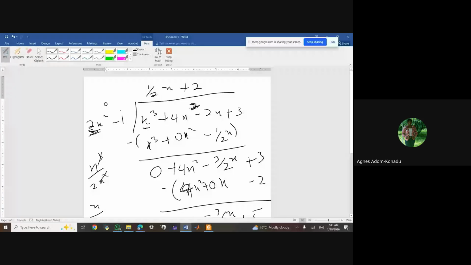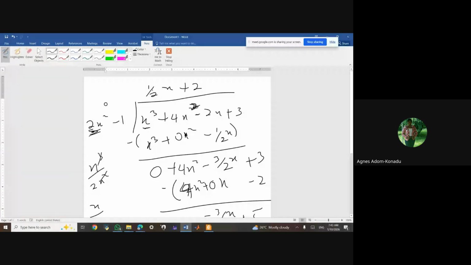Then after that, I will multiply this by this. So when I multiply 2x squared by half x, it will give me x to the power 3. So I'll bring it under the x to the power 3. Then you will see that I will multiply the -1 by the half x, and this will give me negative half x.